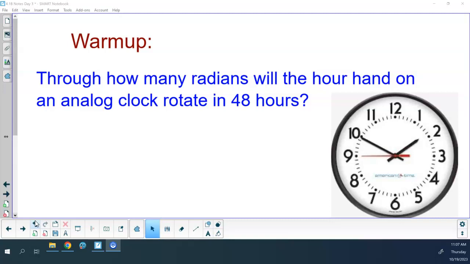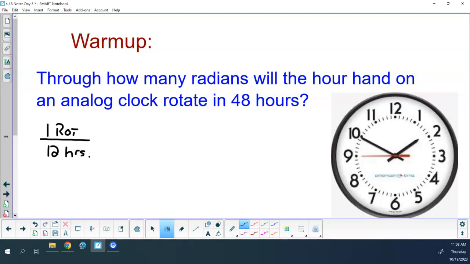If you needed to see that written out, we would have 1 revolution every 12 hours for the hour hand. 1 revolution is 2 pi radians.